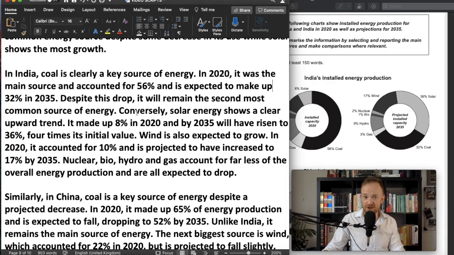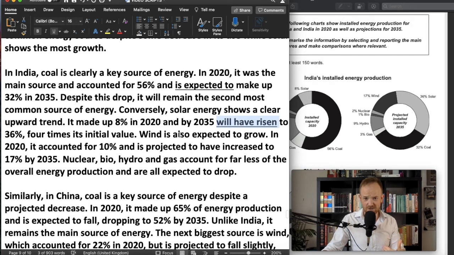So you can see here I've got two different types of future tense. Is expected to make up. Then I've got here will have risen, future perfect. Very important. Wind is also expected to grow.